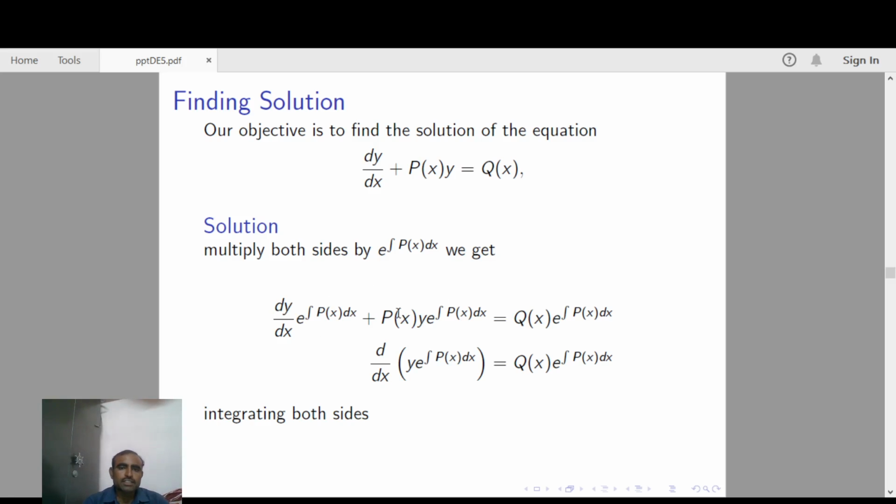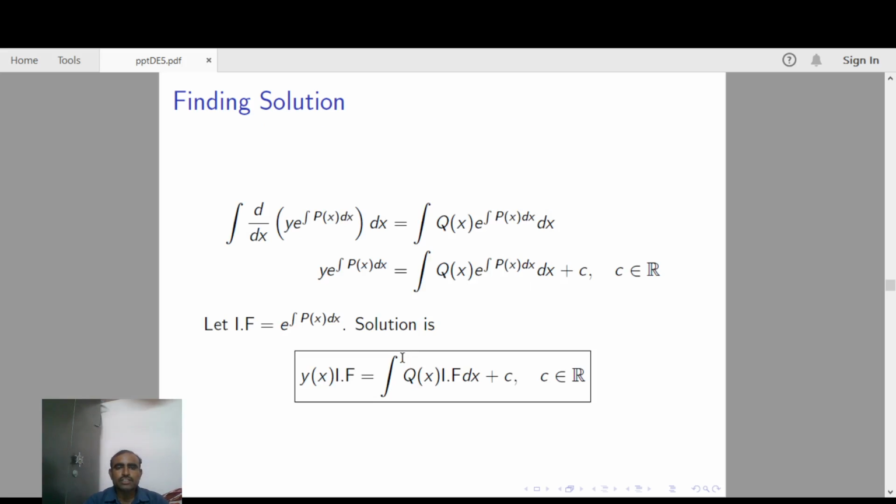This can be written as d/dx of (y · e^(∫p dx)), and integrating both sides, we get the solution. If you multiply the equation by e^(∫p dx), it becomes an exact differential equation. That's why we can integrate on both sides and get the solution.